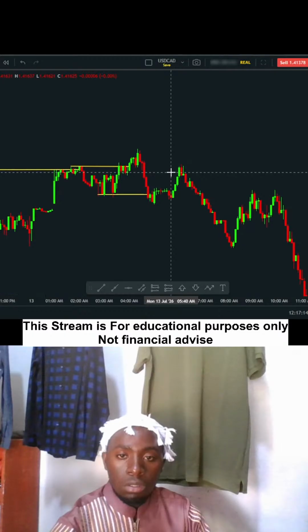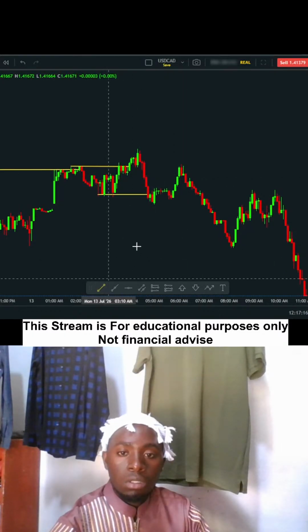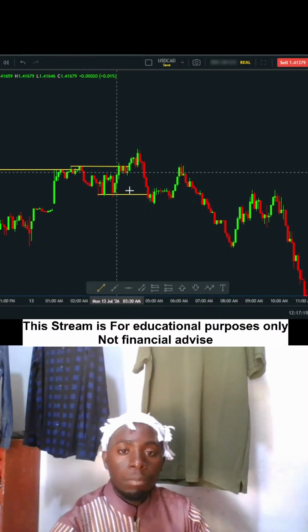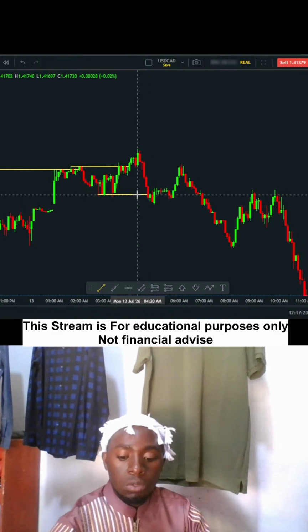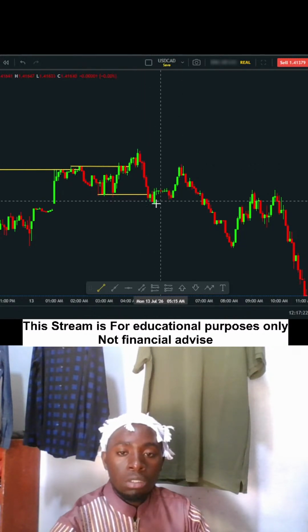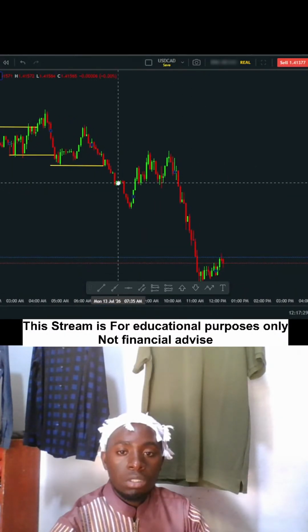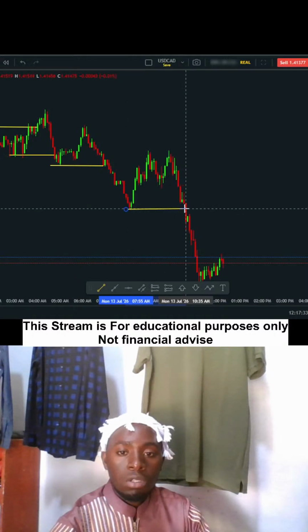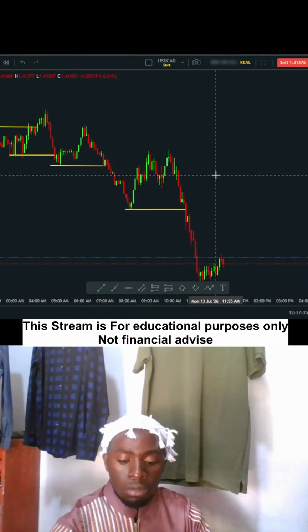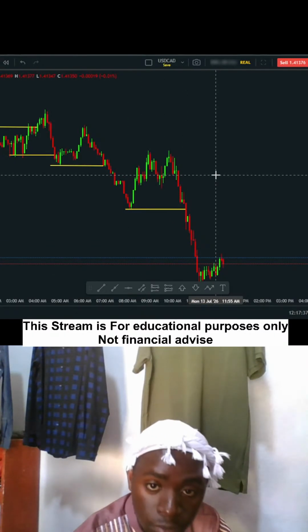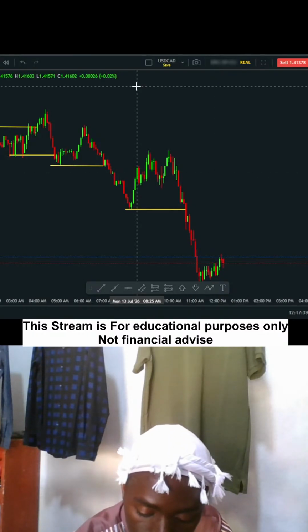Okay, there's a low right there. Boom, BOS, market structure shift right there, and boom, boom, we get a BOS right there. Market is selling. Another break of structure right there.